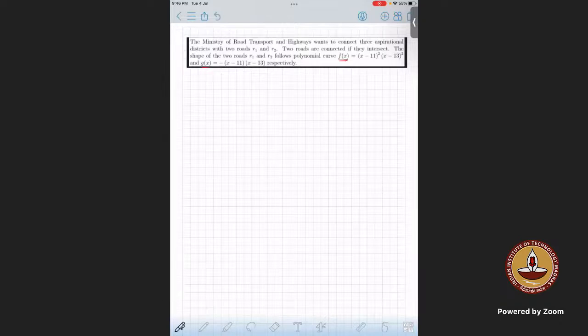Are you able to see the question? This is the final question, most probably. Yeah, this is the final question. Actually, you are missing something. Just check the cubes: minus one cube is minus one.